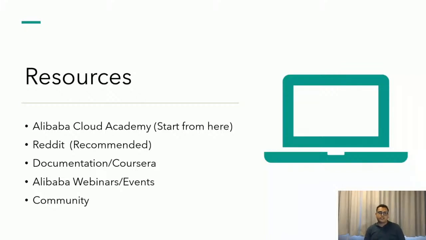Then documentation and Coursera, also the courses are there, so if you want you can follow that. And Alibaba is regularly doing events and webinars. You can sign up if you want to learn about the new products, new services, the service enhancements. So you can sign up. That is for your ongoing upskilling.